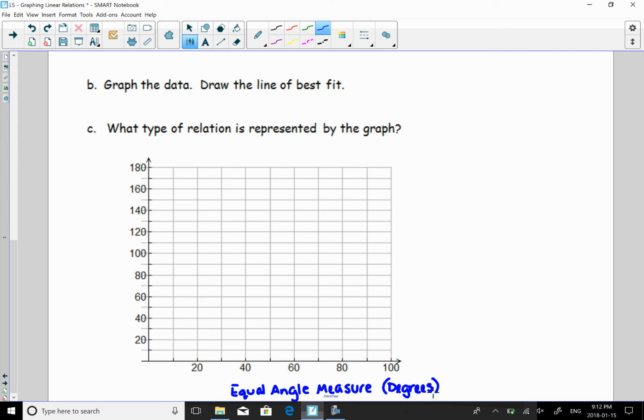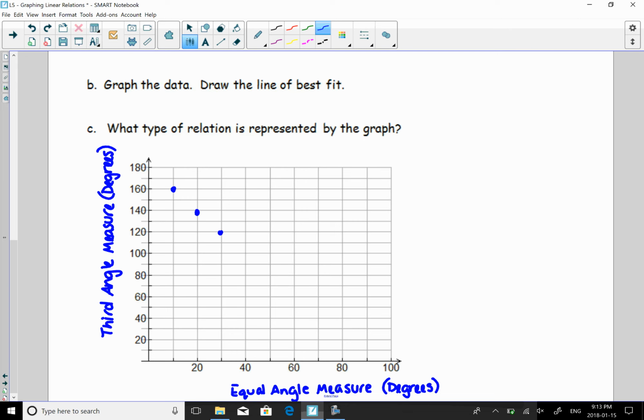And this is my third angle measure in degrees. So when I have an angle of 10, I had 160. An angle of 20, I had 140. An angle of 30 was 120.